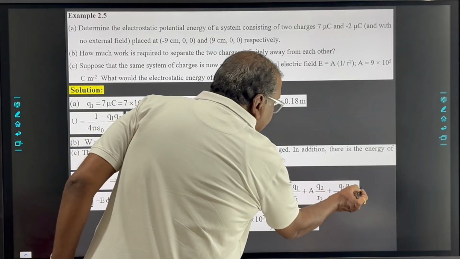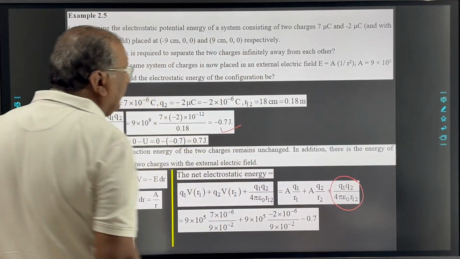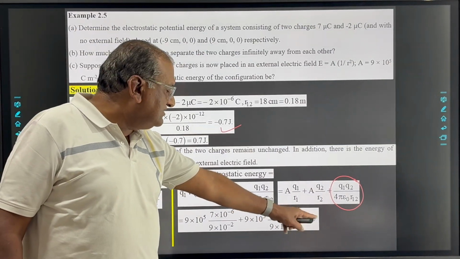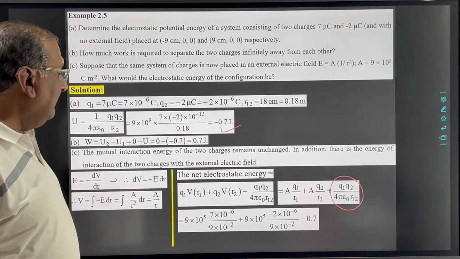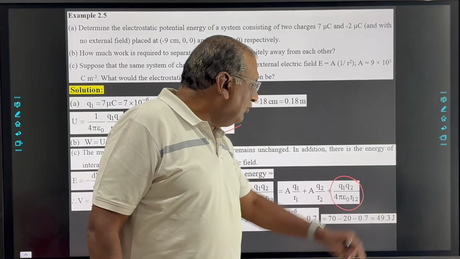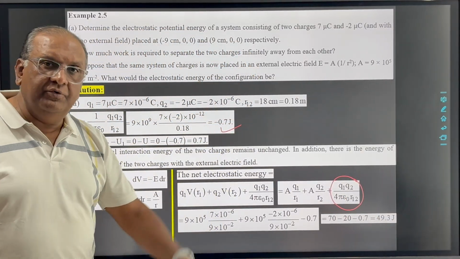And this Q1 Q2 upon 4 pi epsilon 0 we already calculated here. So substitute directly minus 0.7. And now if we solve this one, our answer will turn to 49.3 joule. Clear to all of you?